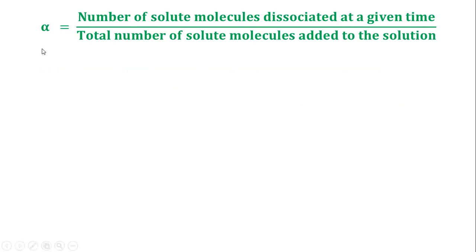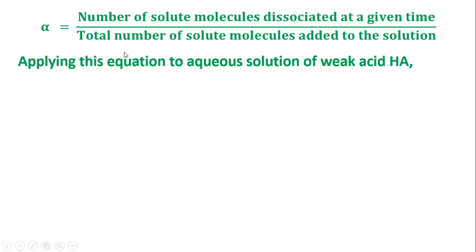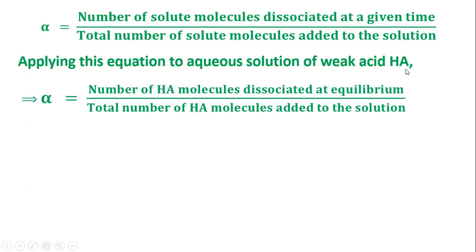So we know that the degree of dissociation or the degree of ionization is nothing but the ratio of number of solute molecules dissociated at a given time to the total number of solute molecules added to the solution. Now, when we apply this equation to the aqueous solution of the weak acid HA, you will get degree of dissociation or degree of ionization alpha equal to the ratio of number of HA molecules dissociated at equilibrium to the total number of HA molecules added to the solution.